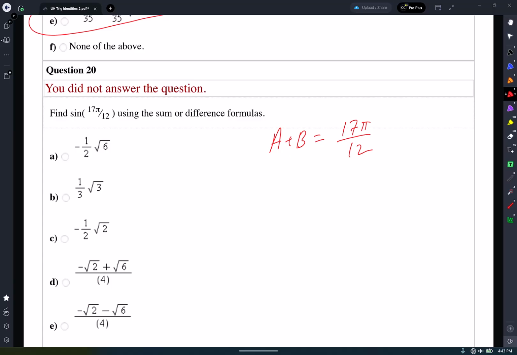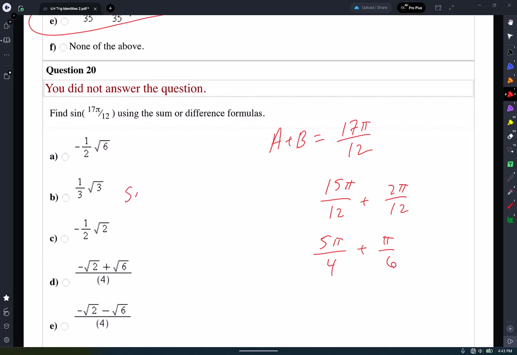So let's start with 15 pi plus 2 pi and see if these are perfect numbers. 3 goes into both of these. 3 goes into 15 5 times, right? 3, 6, 9, 12, 15. Yep. 5 pi, and then 12, 3 goes into 12 4 times. That's a perfect number, a perfect rating on the unit circle. 2 goes into 12 6 times, so that's pi over 6. There it is. I found it, miss.